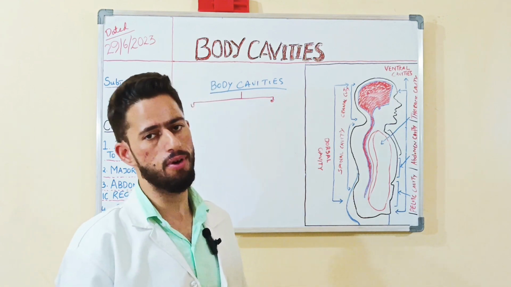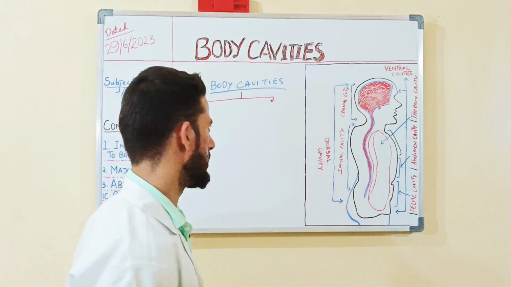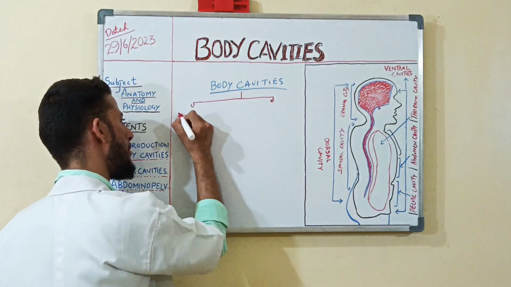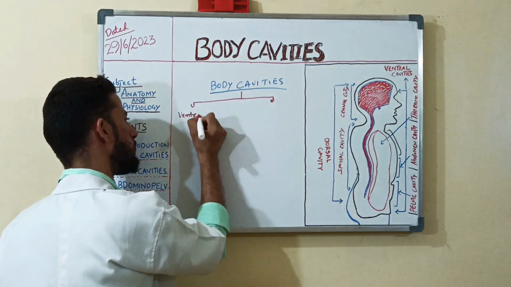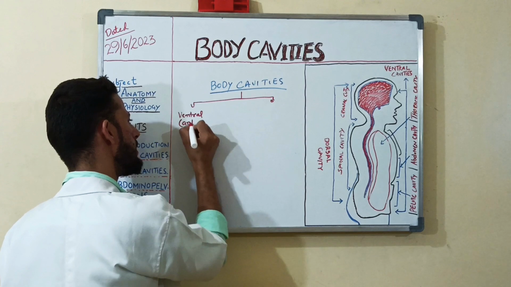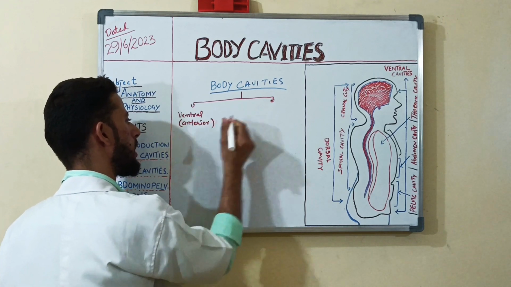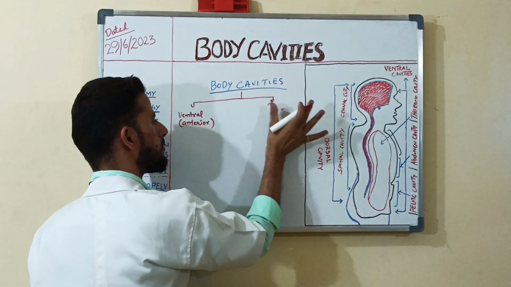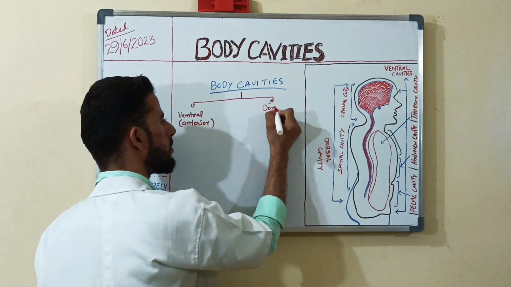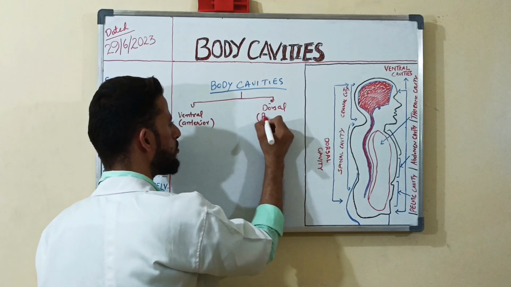Based on that only we are going to classify the body cavities: ventral or anterior, and dorsal, or we can also say posterior.